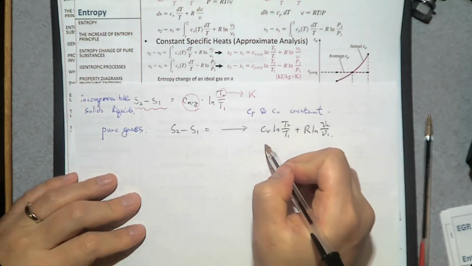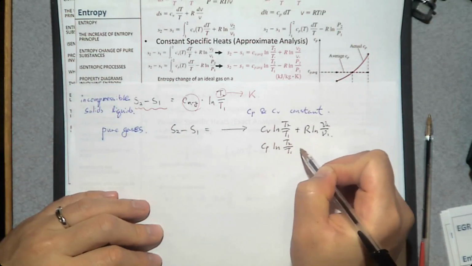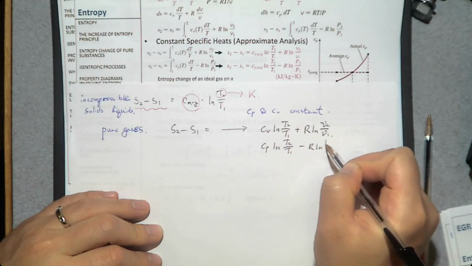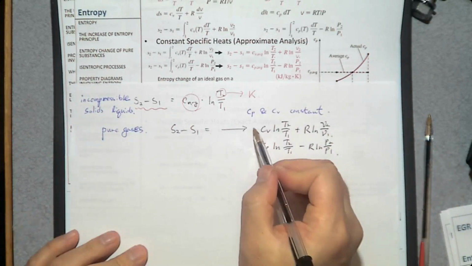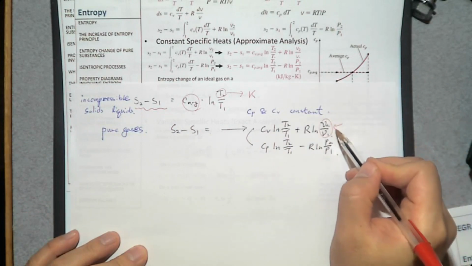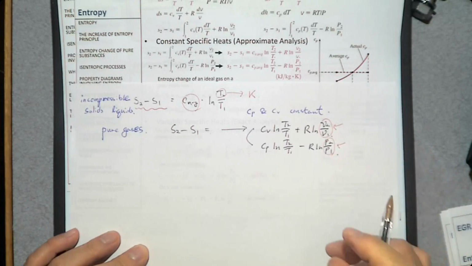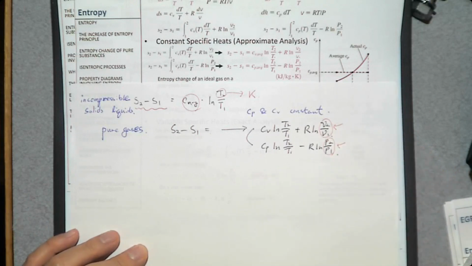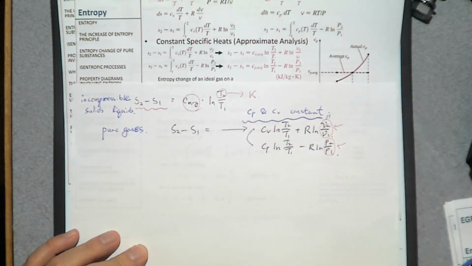The other one is Cp natural log T2 over T1 minus R natural log P2 over P1. So if you know the volumetric changes, then you can use the first equation. If you know the pressure changes, then you can use the second equation. That's when we assume specific heats are constant.